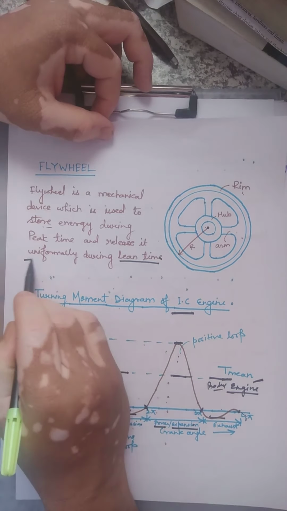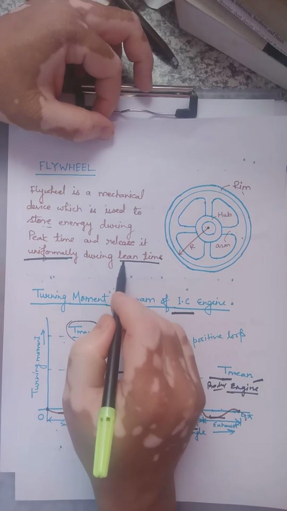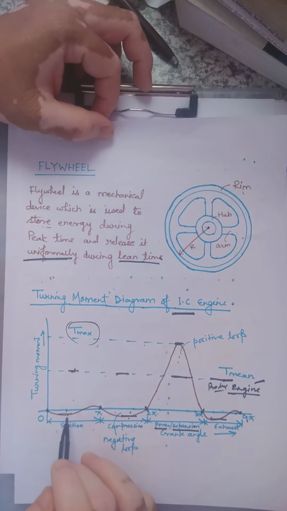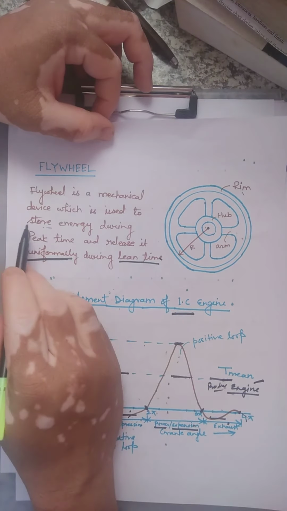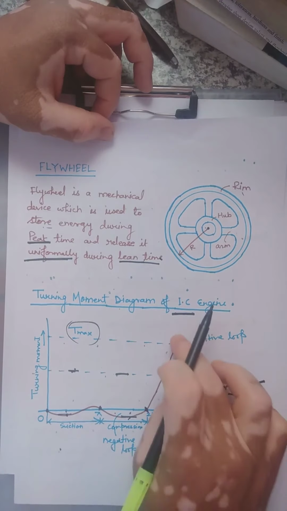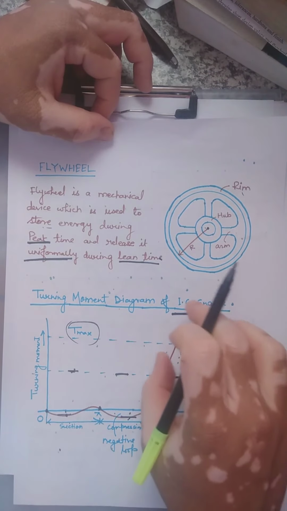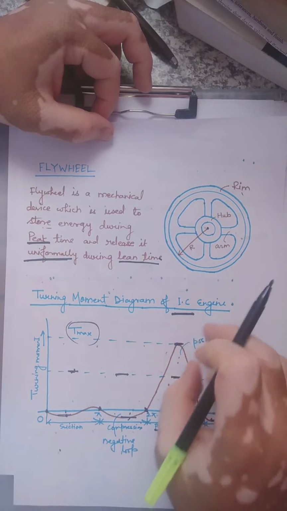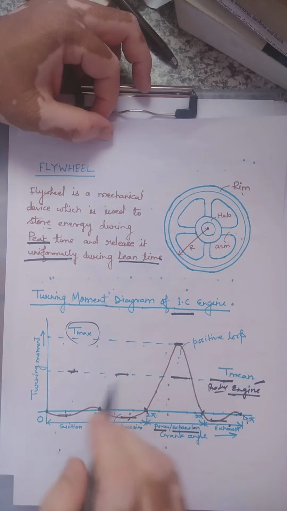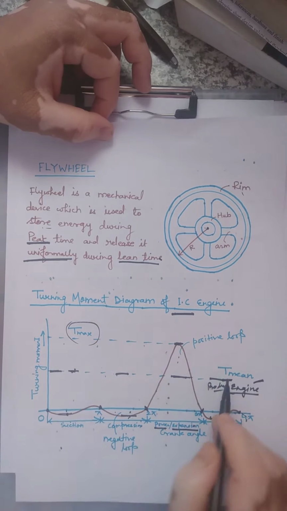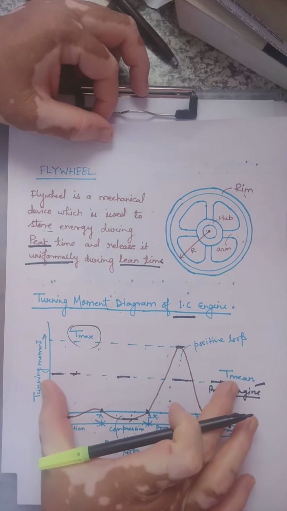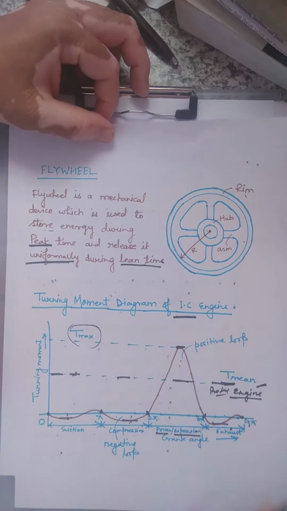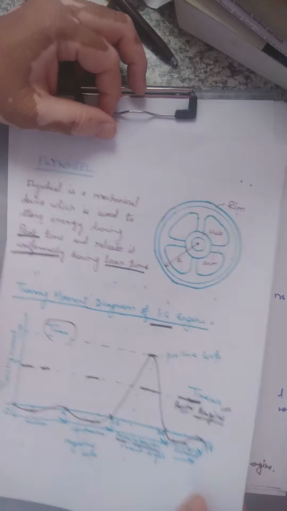That is uniform during the lean time, which is the suction stroke, compression stroke, and exhaust stroke, and this is the peak time. So the energy from the peak is distributed to the leans, and hence uniform mean torque is developed by the flywheel. This is the uniform mean torque in which the engine works.